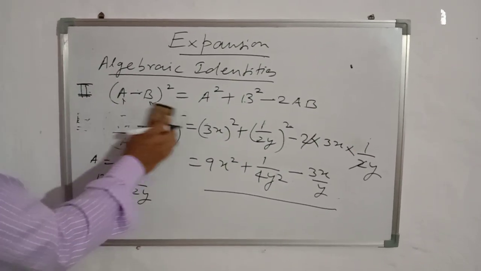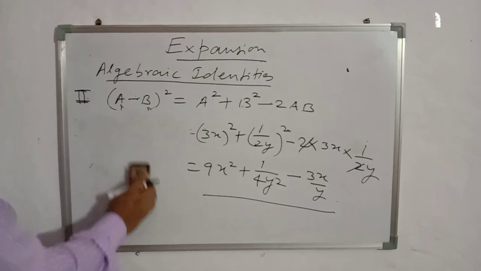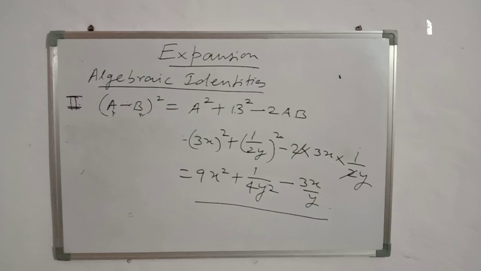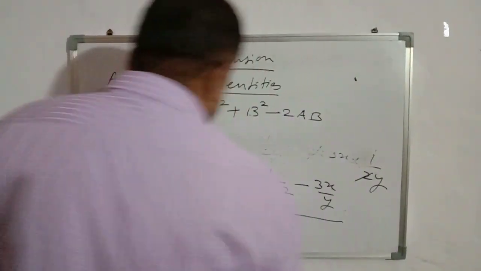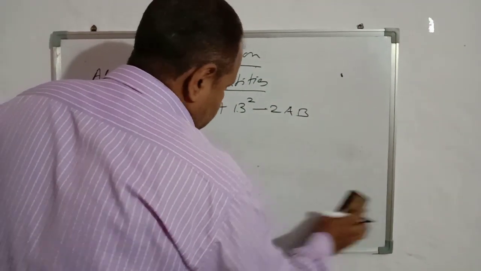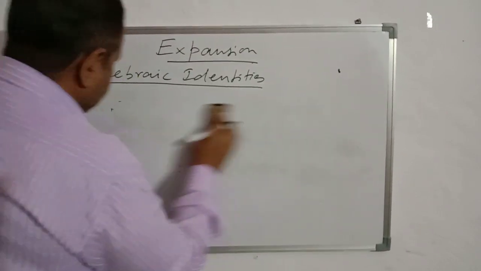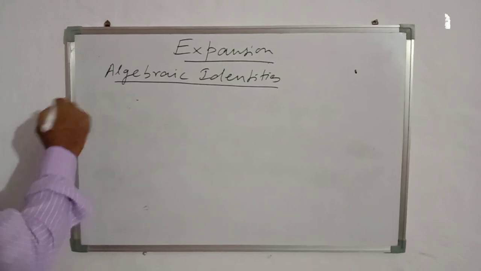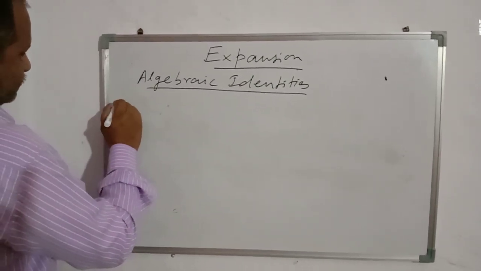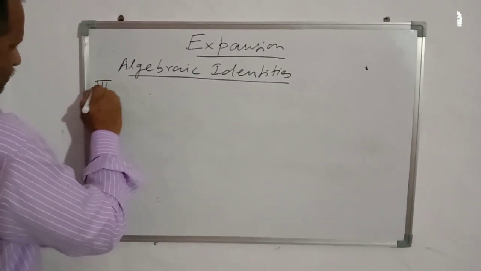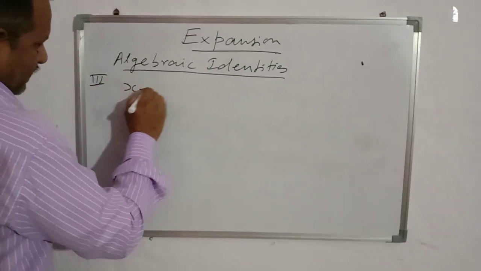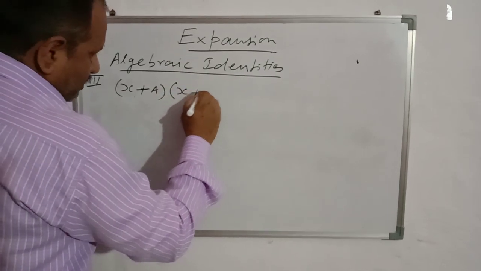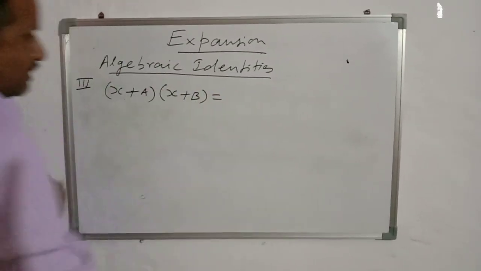Now we will discuss the third identity. x plus a in one bracket into x plus b in the other bracket.